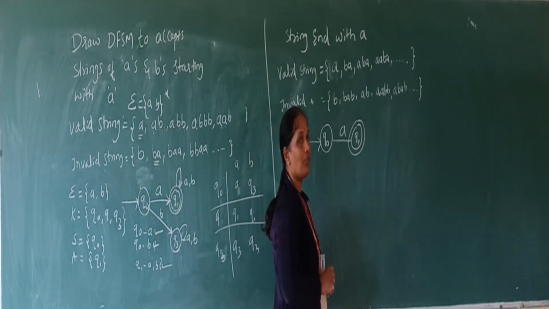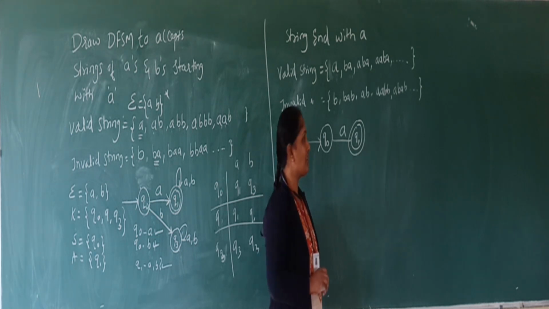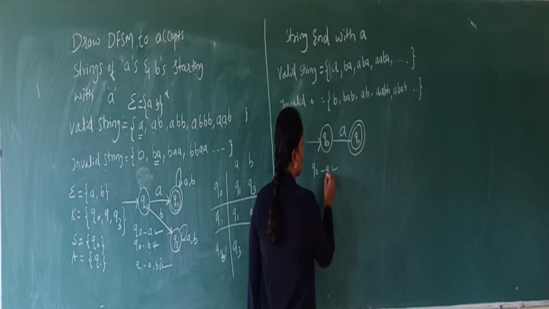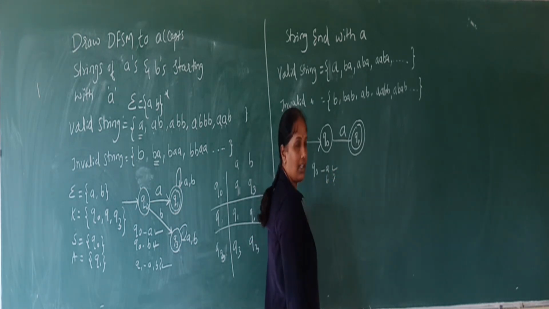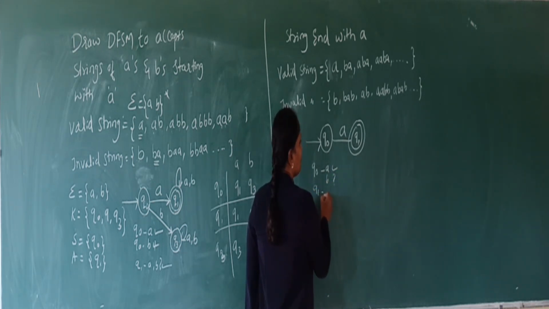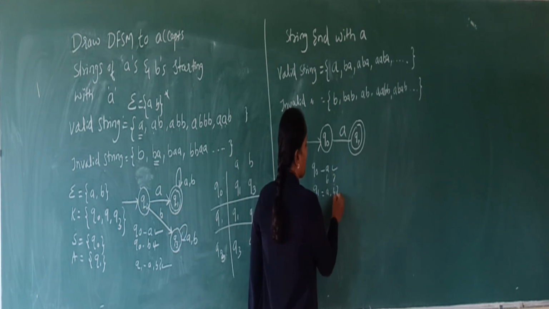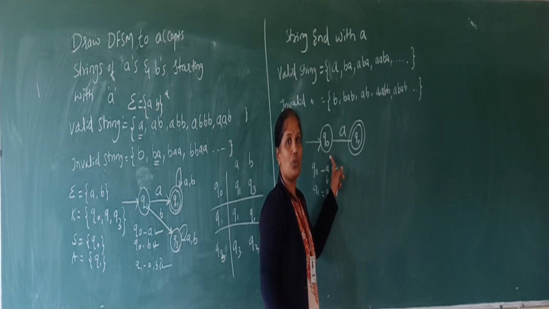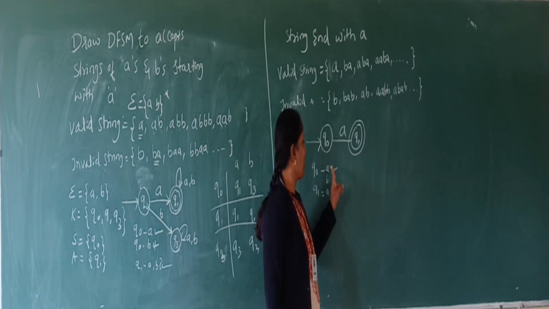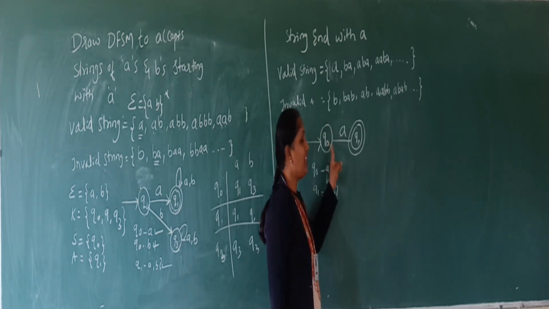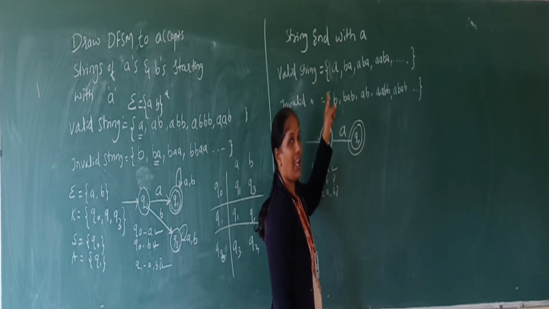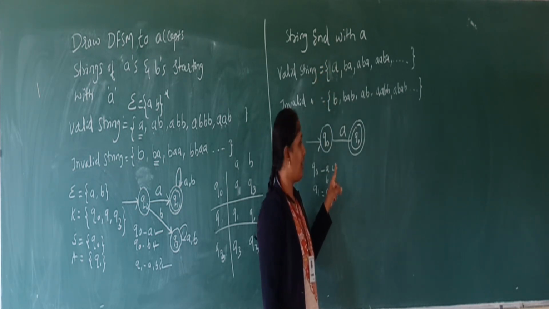Next, I should check for the remaining transitions. For Q0, the A transition I have shown. I should show the B transition. Next, for Q1, I have to show A and B transitions. As this is a DFSM, you must show the transition for a given input symbol from each of the states. The strings are made up of A and B, so A and B are the alphabet of the language.